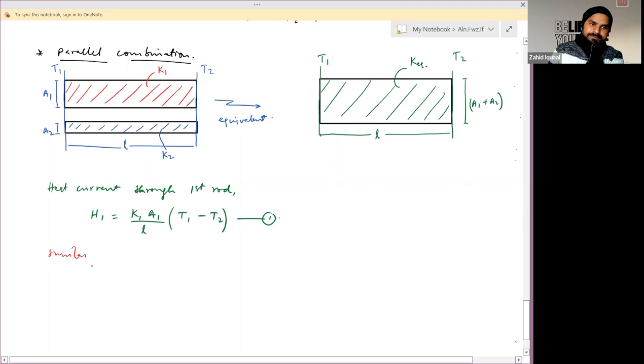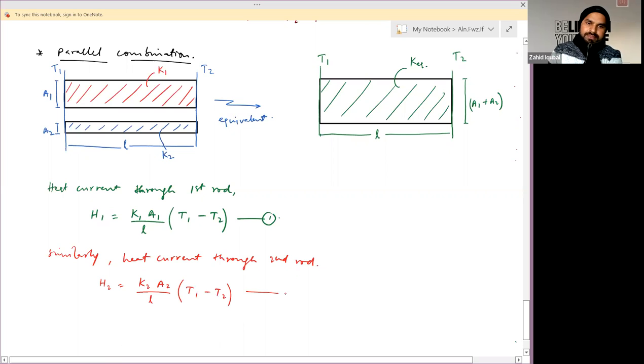Similarly, heat current through the second rod, H2 equals K2 A2 by length times the temperature difference T1 minus T2. Let's say this is equation 2.